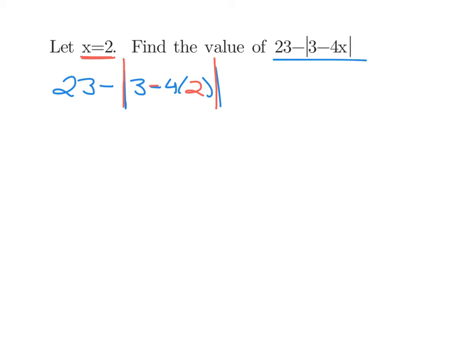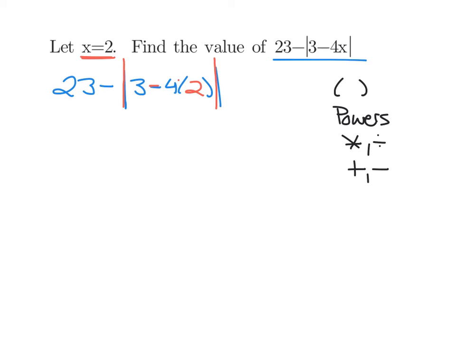Looking closely, we have minus and times in there. So just as a reminder, our order of operations goes grouping symbols, then powers, then multiply and divide, and finish up with adding and subtracting.